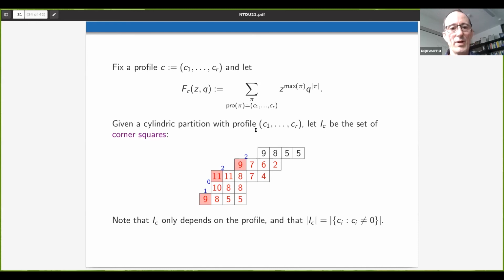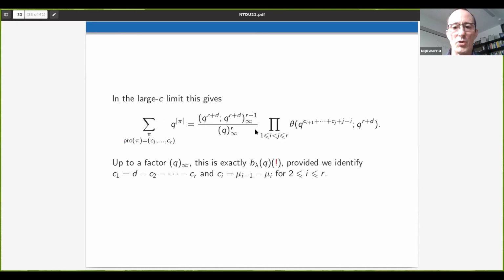So, is this model helpful? What does it mean? What have we really achieved? Well, what we have achieved is a combinatorial model that computes for us these branching functions, and the model is just these cylindric partitions.